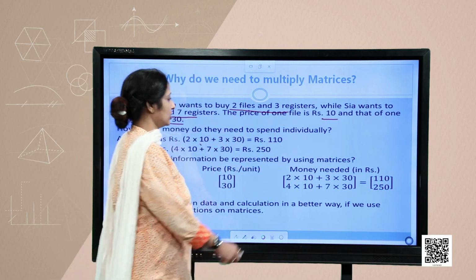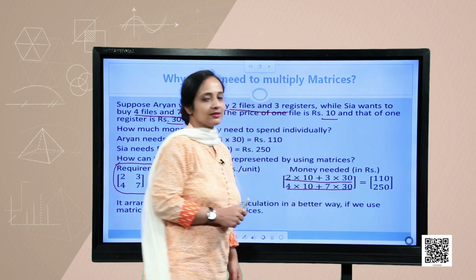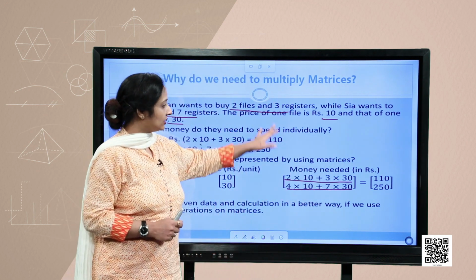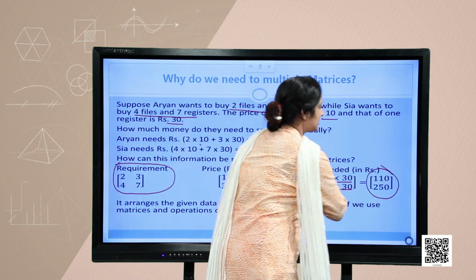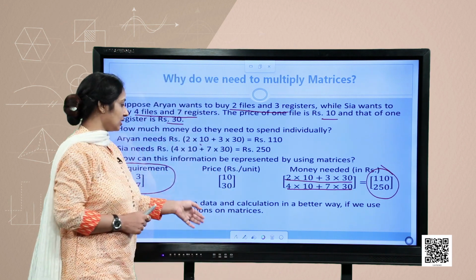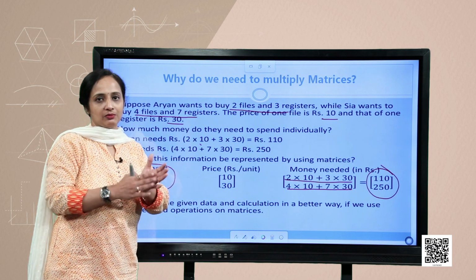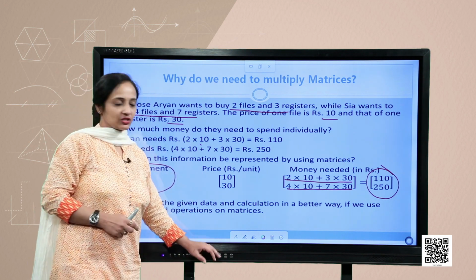So this calculation has been written here for Aryan, and for the second element it has been written for Sia. When you solve this, you will get this as the product of two matrices. So it arranges the given data and calculations become a bit better when we use matrices for all such calculations.